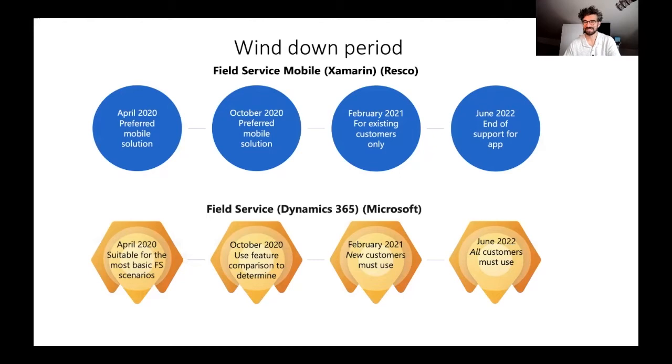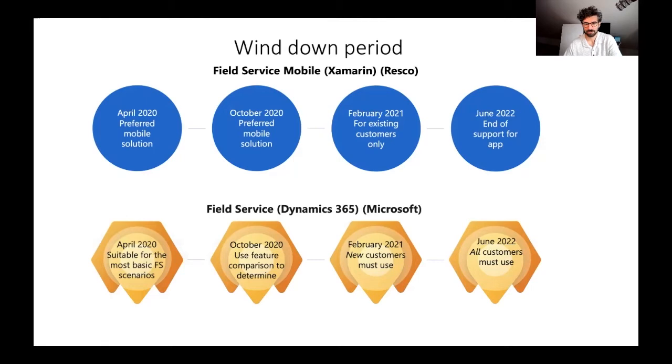So if you're on the Xamarin application, you have just about 10 months to prepare yourself and make some changes. In my opinion and my experience, the earlier the better, because 10 months in the IT world can mean really not much time.